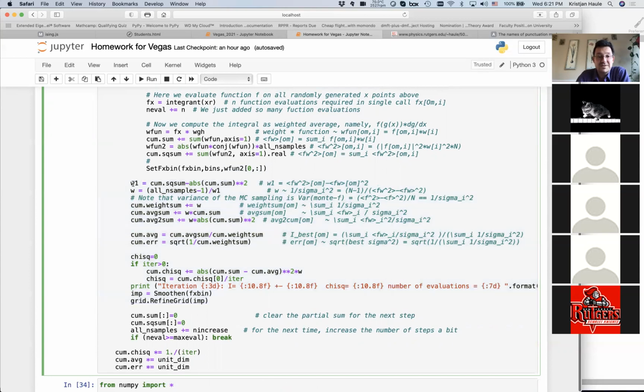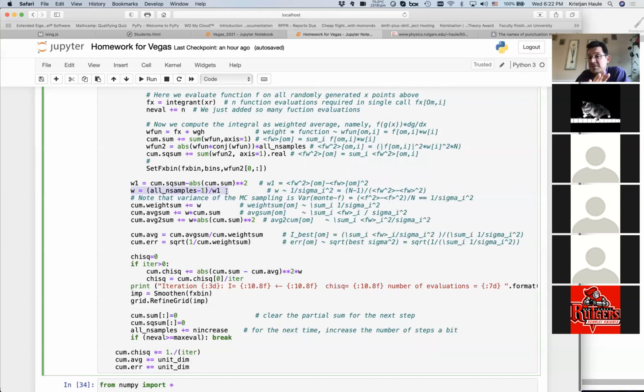There is no difference. But in reality, of course, it works differently. Why? Well, because, for example, here this W is 1 over sigma square. Okay, W is 1 over sigma square. And now it's an array in frequency. Why? Because cum sum is an array in frequency, and W becomes an array of frequency.